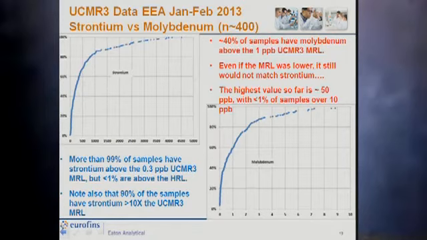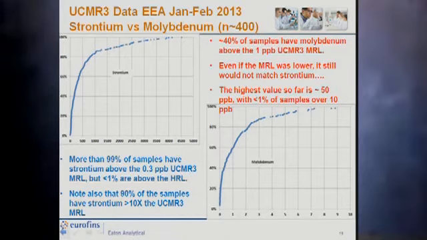Now EPA has made noises about dropping that health reference level down to about 1.7 ppm, which would give us still about 10% of the samples above it, which is, again, way different from anything we saw in UCMR 1 and UCMR 2.